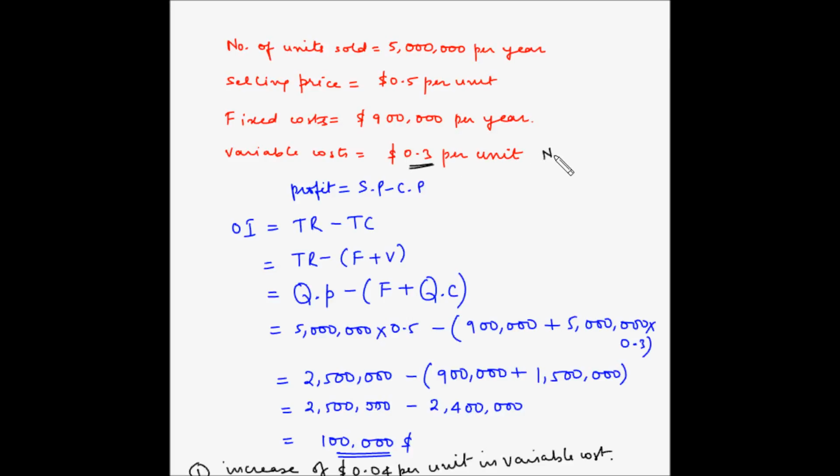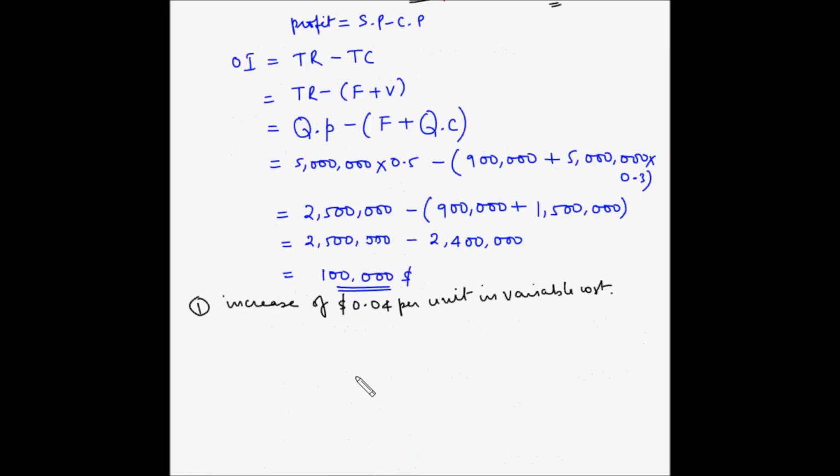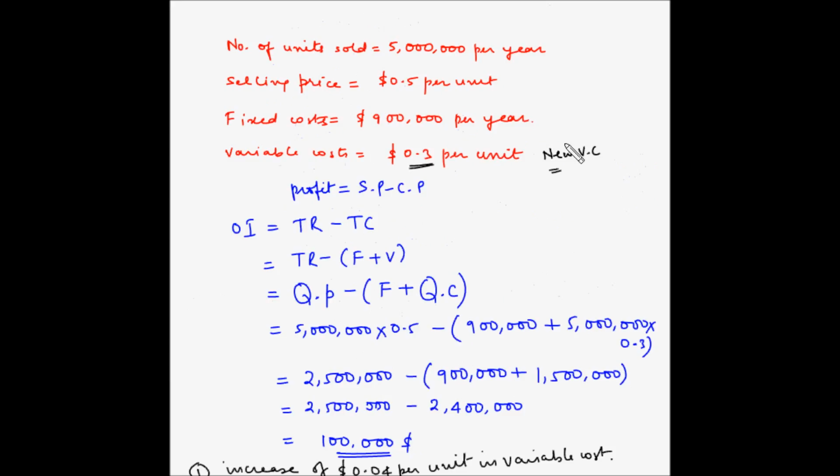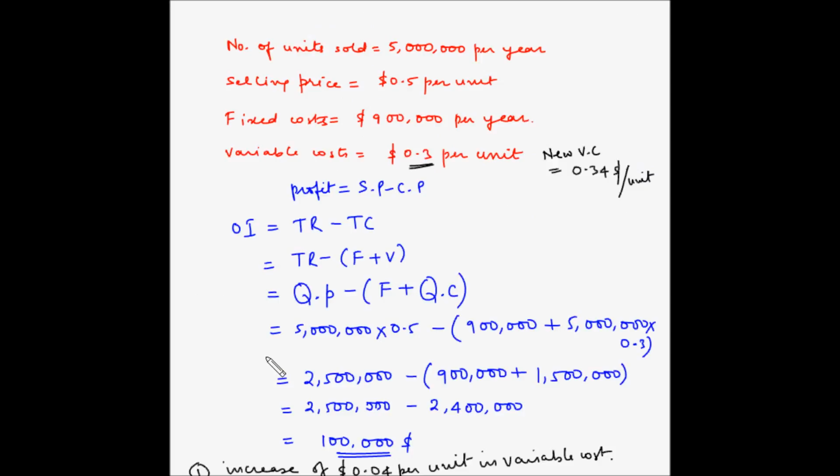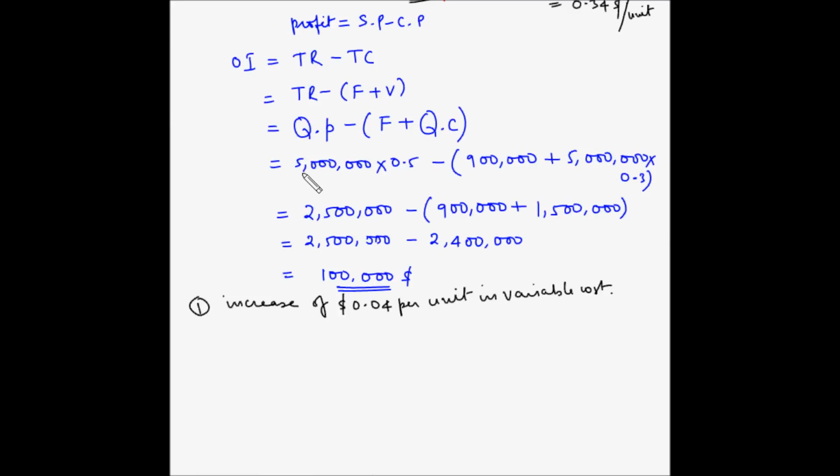So the new variable cost is equal to 0.3 plus 0.04, which is equal to $0.34 per unit. So now again, with this change in the variable cost, we have to find out the new operating income. So the formula remains the same, which is this.